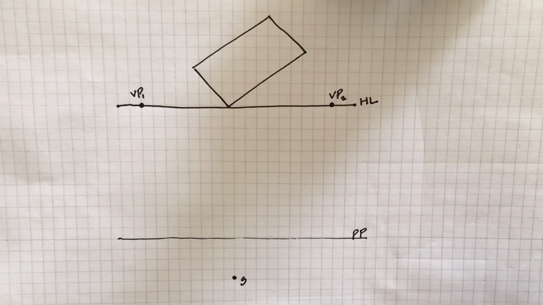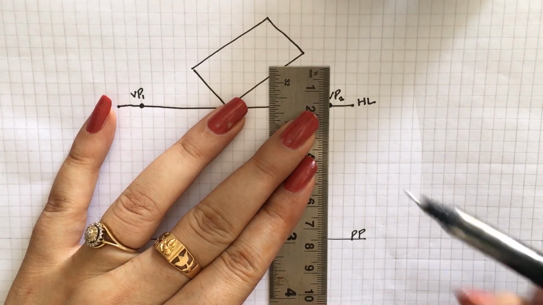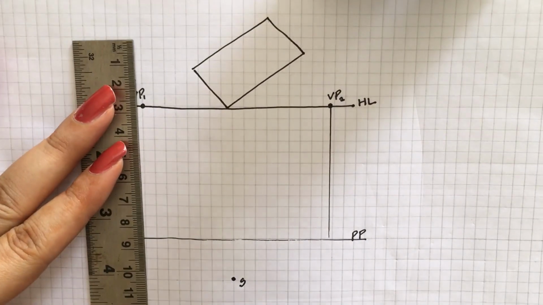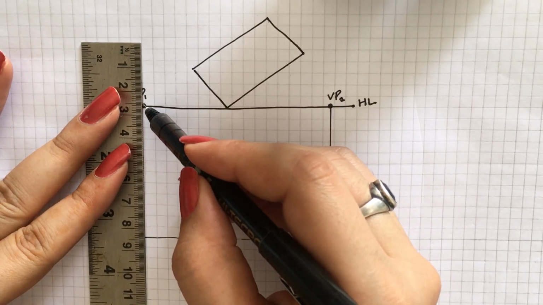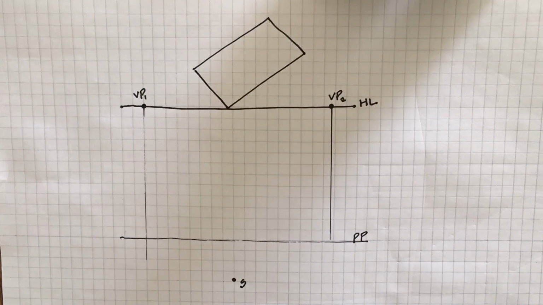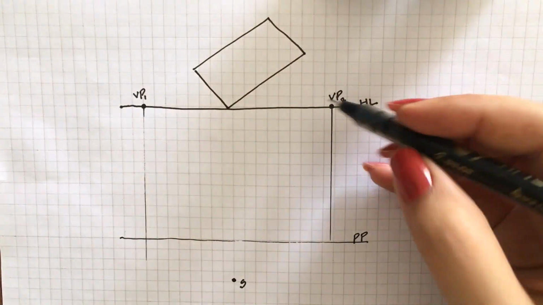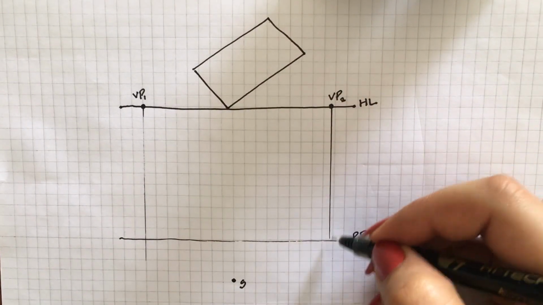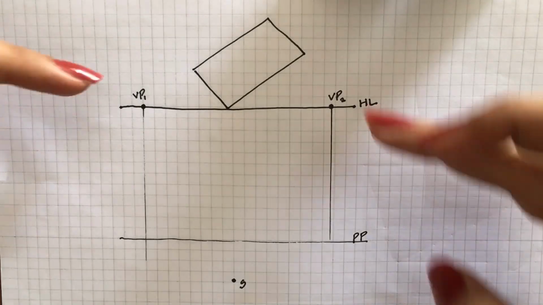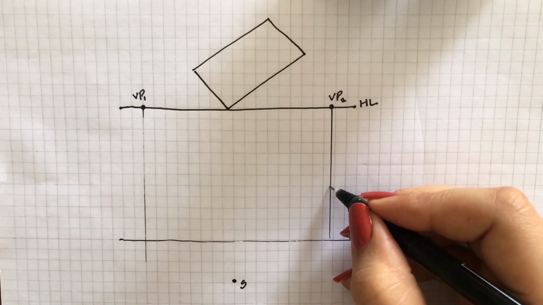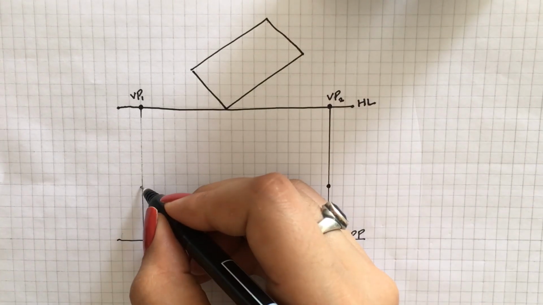Now what I'm going to do is, I'm taking VPs down. So basically I'm transferring my vanishing points. So you can take your vanishing point anywhere here, because you are just transferring. So let's mark here somewhere.